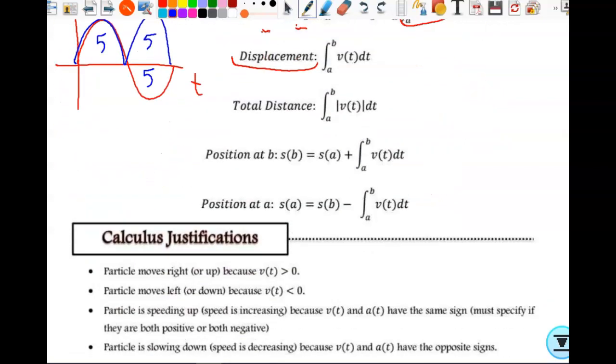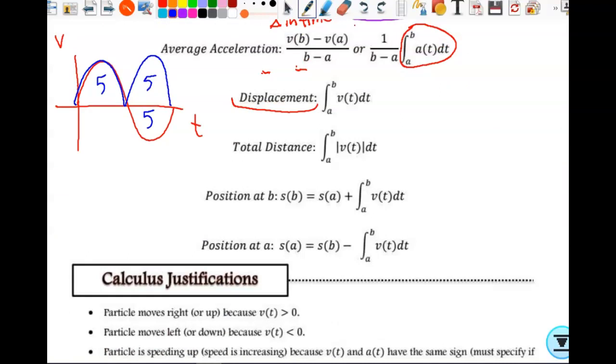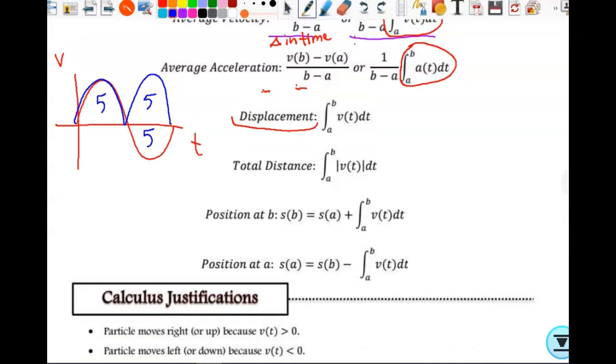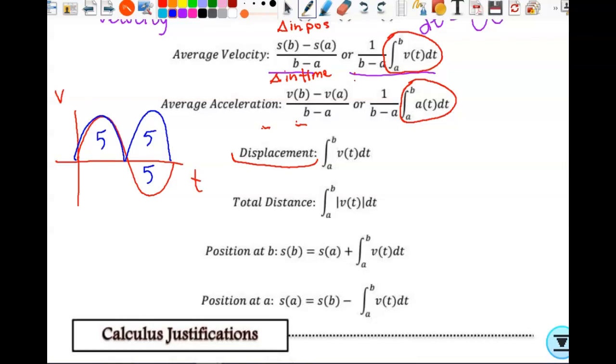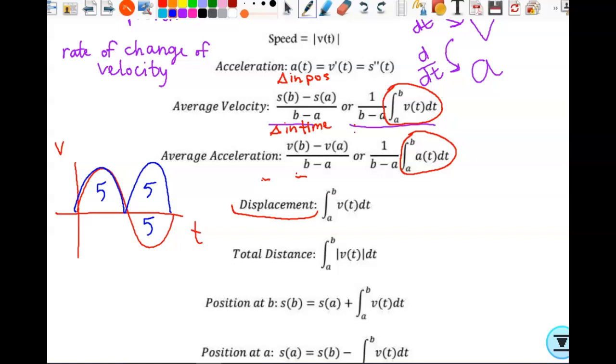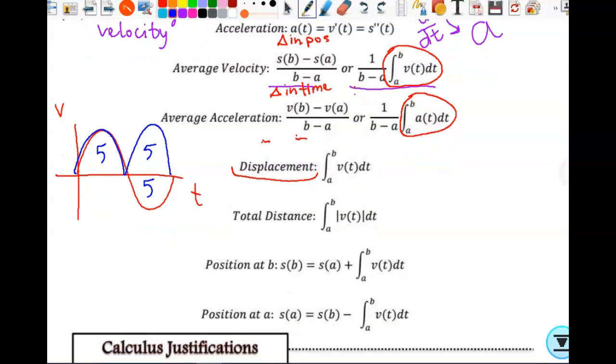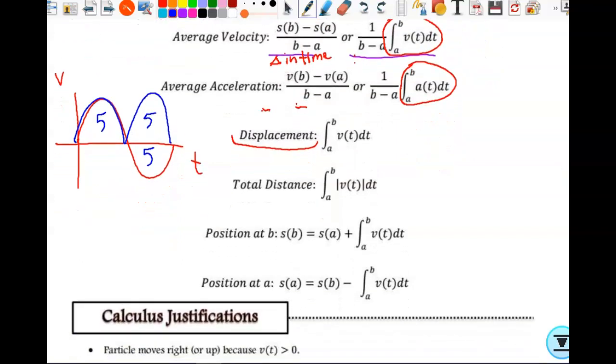All right, so these two right here, fundamental theorem of calculus. Going back up here, if I integrate velocity from A to B, velocity being the rate of change in position, what does that give us?